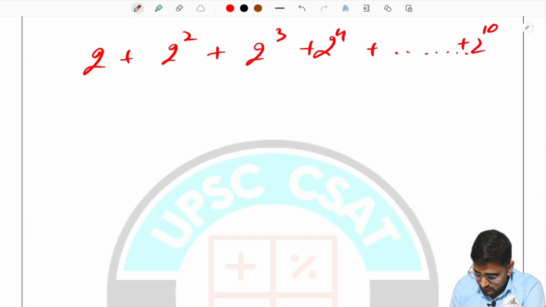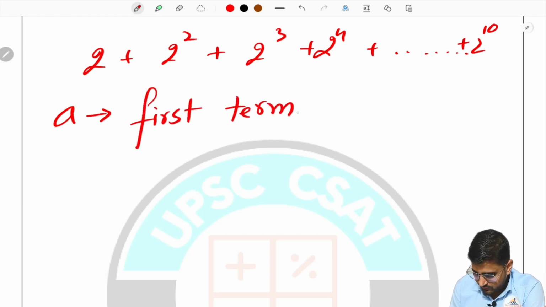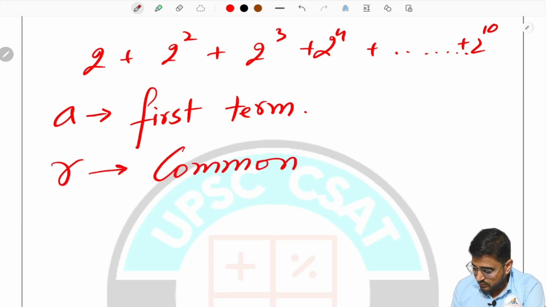Write it down. There are also two components. What are the two components? There is A, which is basically the first term. But there is nothing called a difference here. There is a ratio, the common ratio.